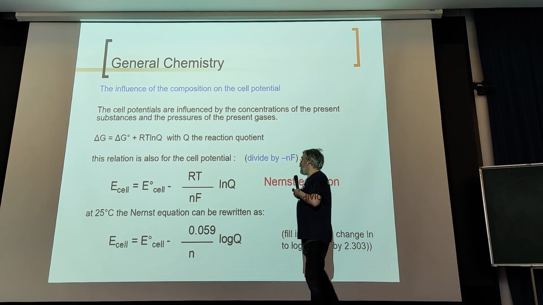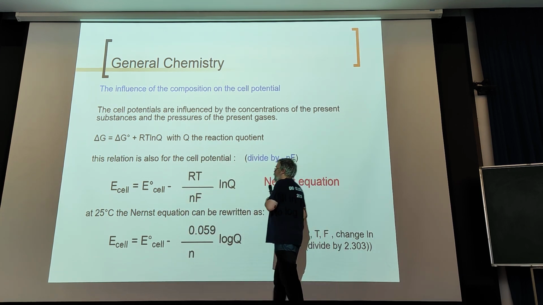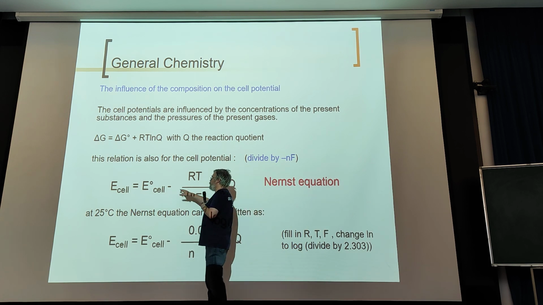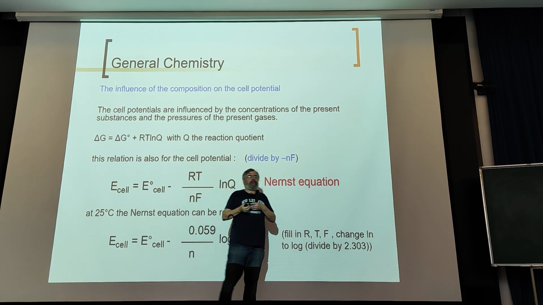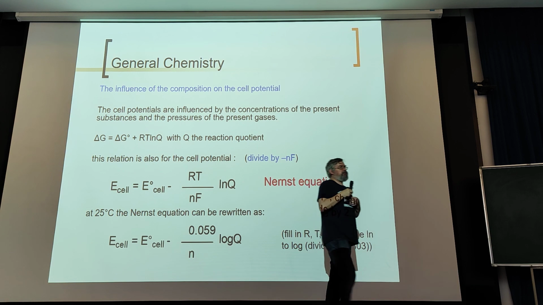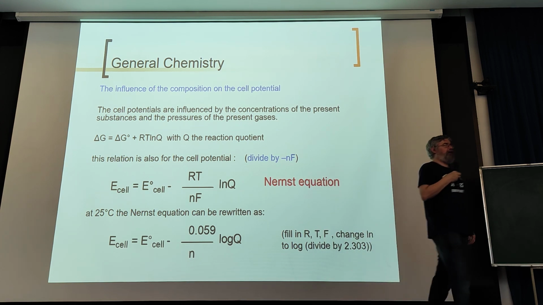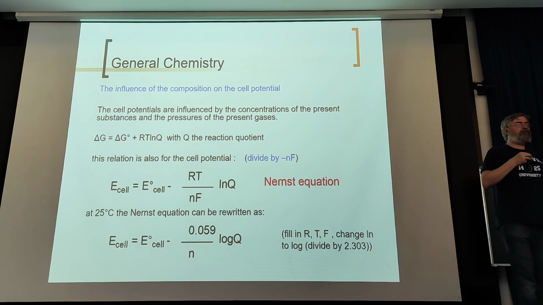And this factor has to be subtracted from it. RT, R is the thermodynamic gas constant, so 8.31. T is the temperature in Kelvin.